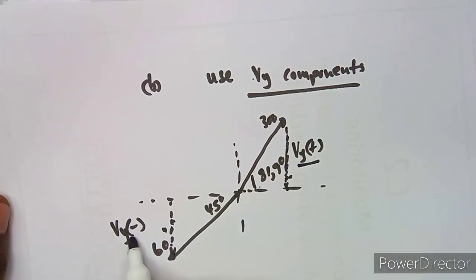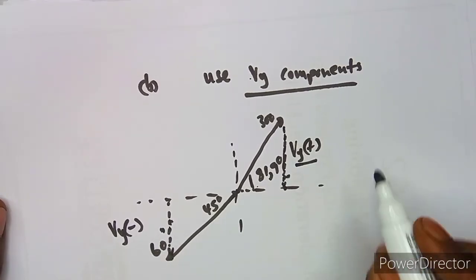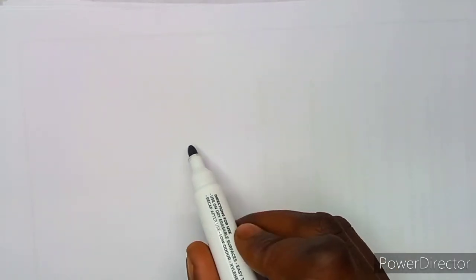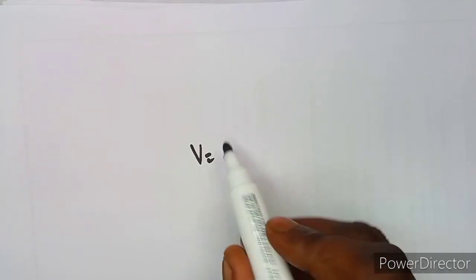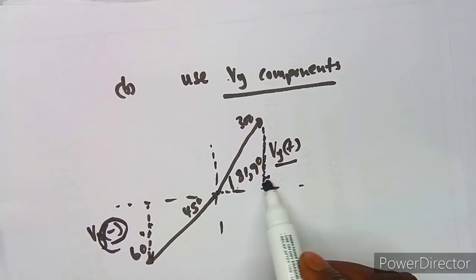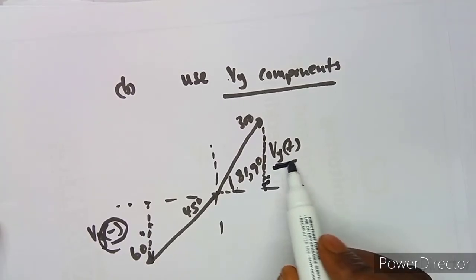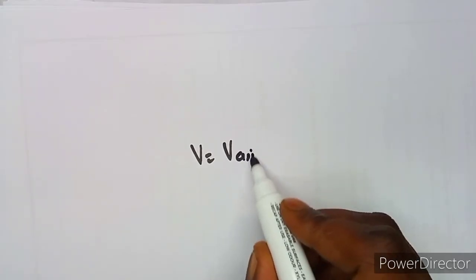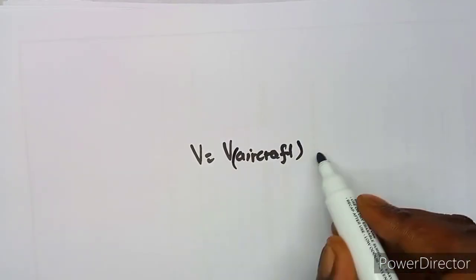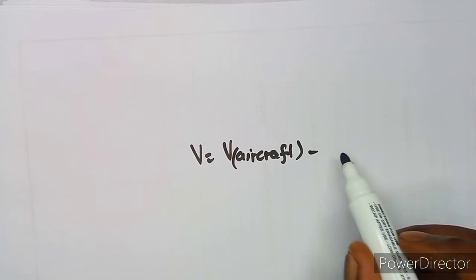Or to add, since this one is negative, you're going to subtract, but actually you're just going to add them. So V is going to be V aircraft, because this is the velocity of the aircraft, which is positive, minus V boat.